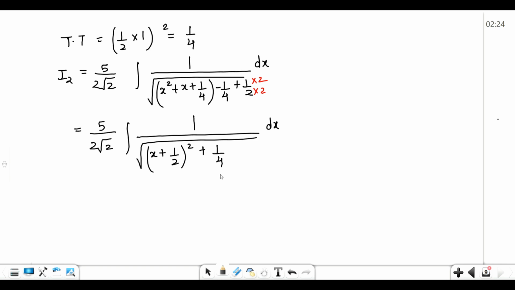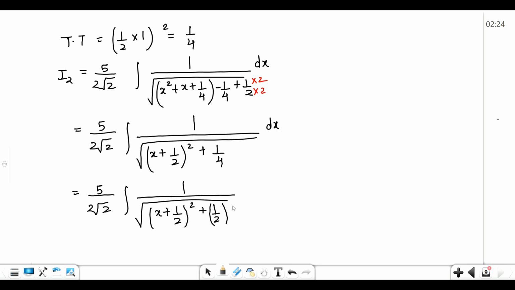So 5 upon 2 root 2 integration 1 upon square root of x plus 1 by 2 the whole square plus 1 by 2 whole square dx. Now we have come across the integration 1 upon square root of x square plus a square, so I'll apply the formula here.